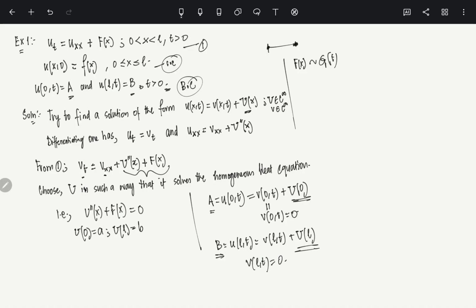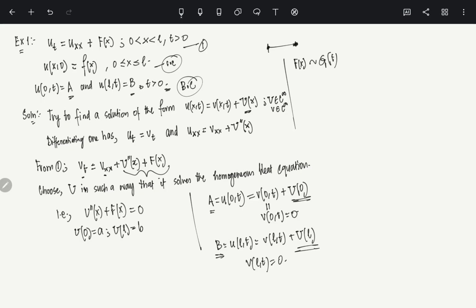So basically we have a boundary condition which is 0. This is very important because in the last video, we saw how to solve the homogeneous heat equation with a 0 boundary condition. That is how you can do it essentially.